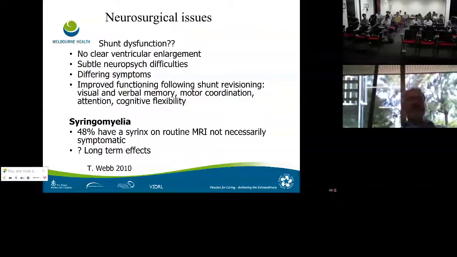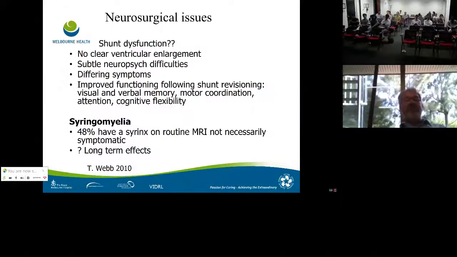If the parents, especially of the higher level adults or young adults, complain about changes in cognition, think about that very significantly. There certainly can be improved functioning following shunt revisioning in visual and verbal memory, motor coordination, attention, cognitive flexibility, at times bladder as well.